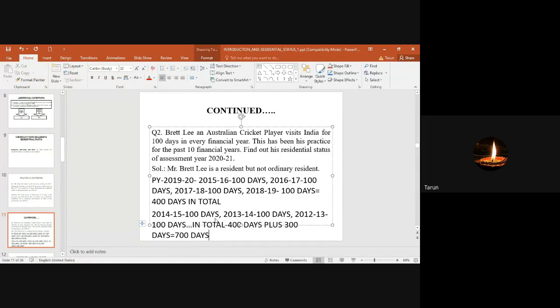To verify your answer from the question, 7 years, 100 days this man has spent in India. So 7 years into 100, he becomes 700 days. The condition has not been satisfied. So the additional condition is not satisfied. As a result, he becomes a not ordinary resident of India, but he is a resident of India because he has spent more than 365 days plus more than 60 days as well.